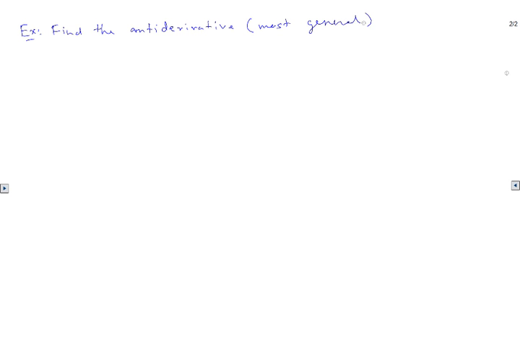Most general means you add a C. Okay, so let's see. As we did before, 2x. So you want to think of a function that, once you take the derivative, you get 2x. So what is that function? It is x squared. Okay, since we need the most general, we can add a C there.